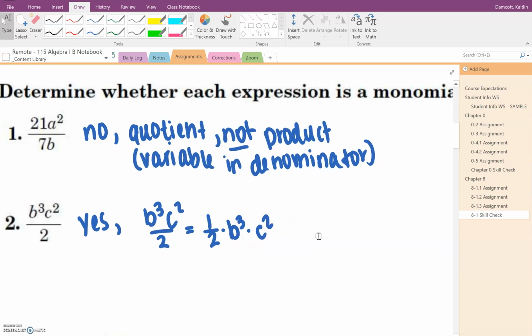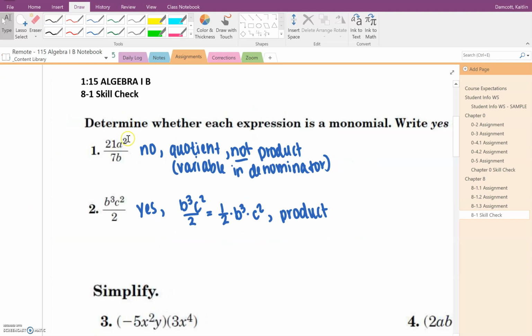So I've turned what looked like a division problem where it's a quotient into a multiplication problem. And as soon as we have a product, then we have a monomial. So this is a product. So first one was not a monomial because it had a variable in the denominator. This one does not have a variable in the denominator, so it is a monomial.